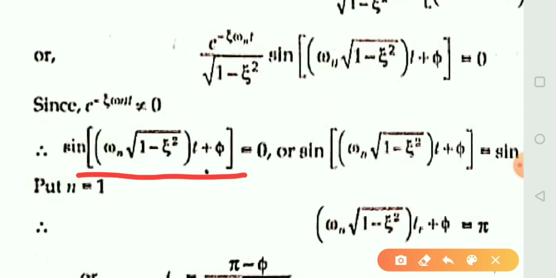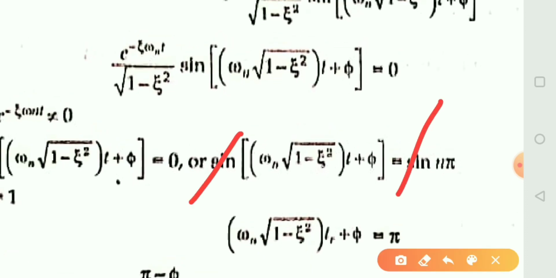And if we write 0 in the form of sin theta, then it is sin n pi, because at pi, 2 pi and 3 pi the value of sin theta is 0. So here we take n pi, where n equals 1, 2, 3, 4.